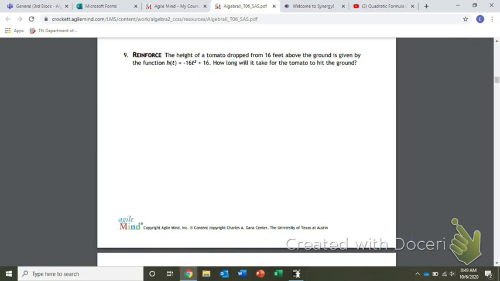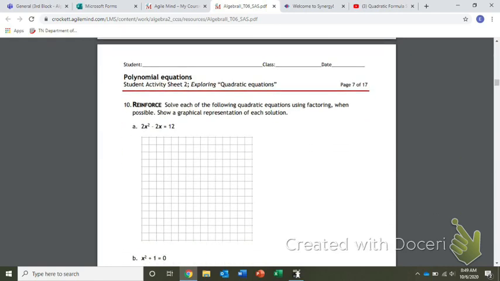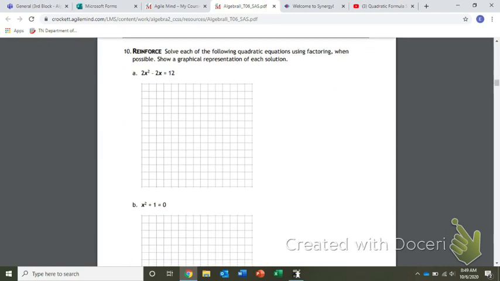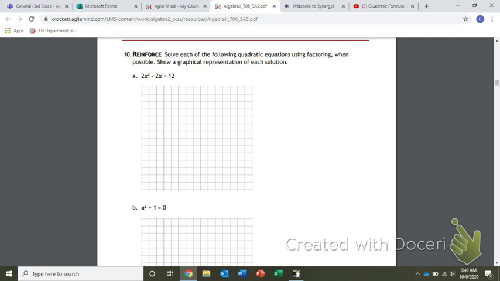All right, number 10. These are all reinforced, so I'm going to do one of each, and then I want you to try to do the others. All right, we're factoring. So, 2x squared minus 2x equals 12.